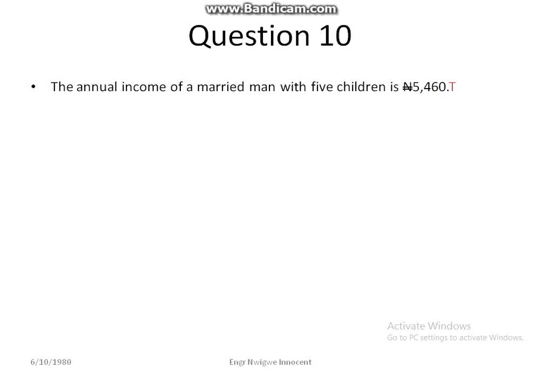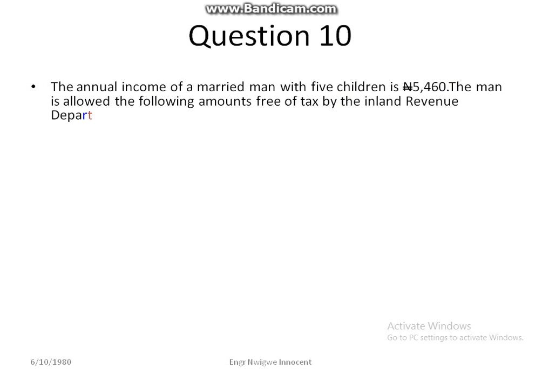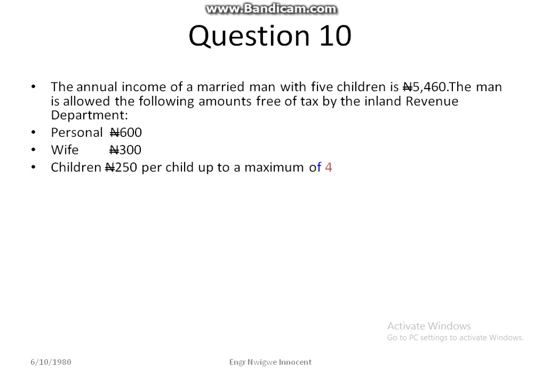The annual income of a married man with 5 children is 5,460 naira. The man is allowed the following amount free of tax by the Inland Revenue Department. Personal 600 naira, wife 300 naira, children 250 naira per child up to a maximum of 4.